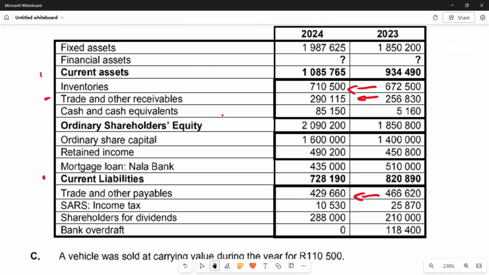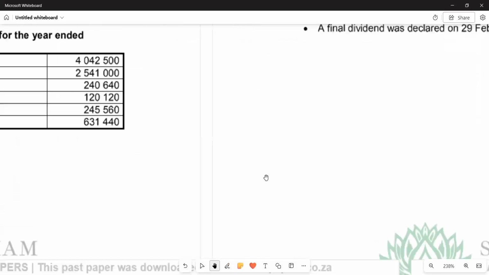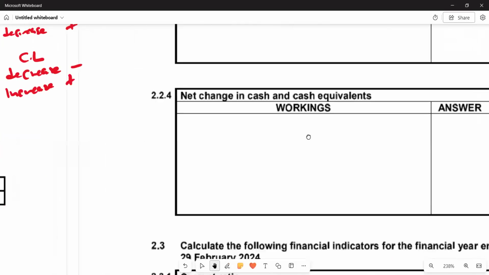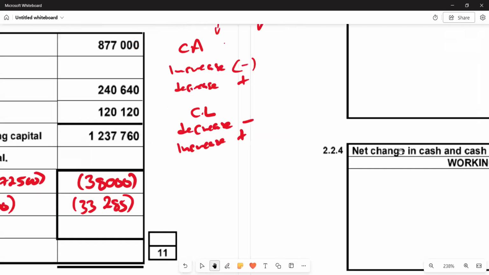So we are just going to show the decrease that we have there, and then calculate the decrease, which is going to be 466,620 minus 429,660. So we go there. And know that trade and other payables is under current liabilities. So when it's a decrease, we're going to show it as a negative again.